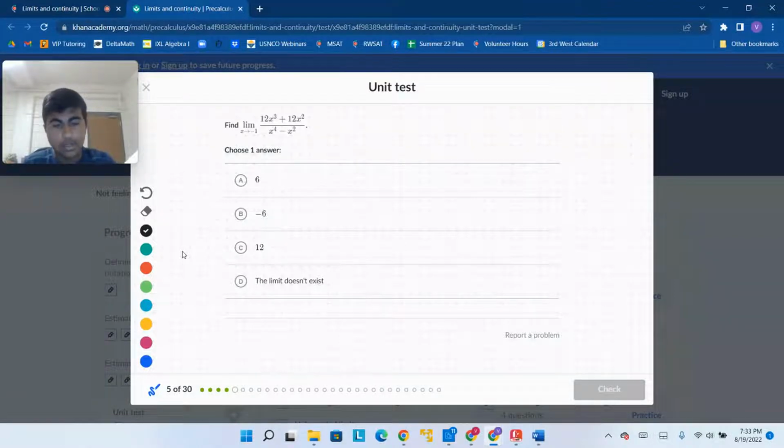So 12 times x plus 1, and then you can do that kind of thing. And you'll see that what you end up with for your limit is going to be, if we just take this and plug it in everywhere, and we just keep doing it everywhere.